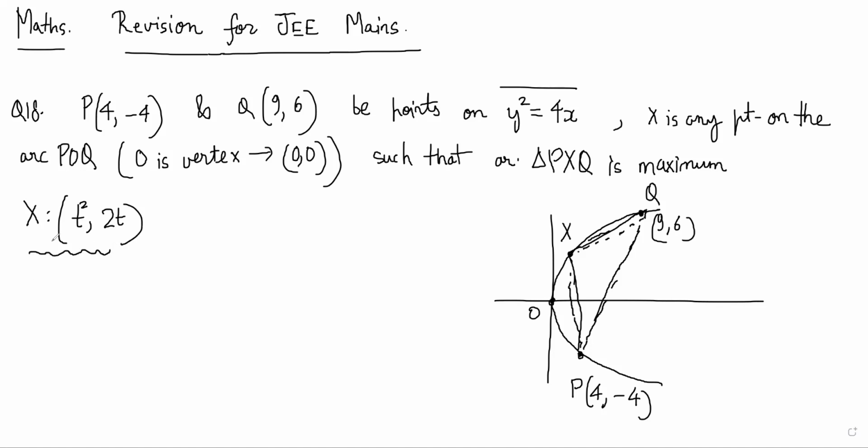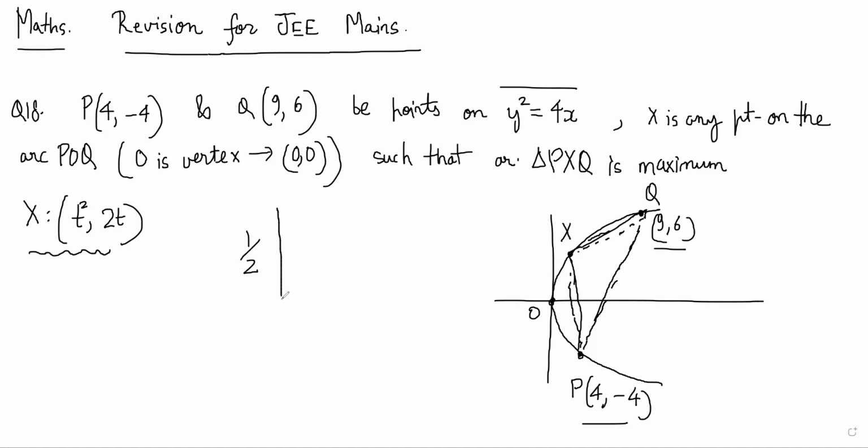So then there is only one variable t and the other two vertices are known. So the area of triangle can be written in terms of just t, right? And then there is maximum minima. It's obvious.